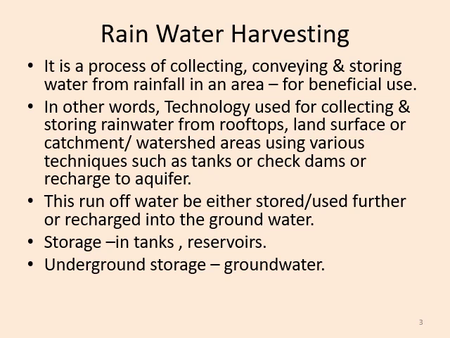It is a process of collecting, conveying and then storing the water from rainfall in a particular area for beneficial use, and the beneficial uses are of various types. We will discuss it afterwards.